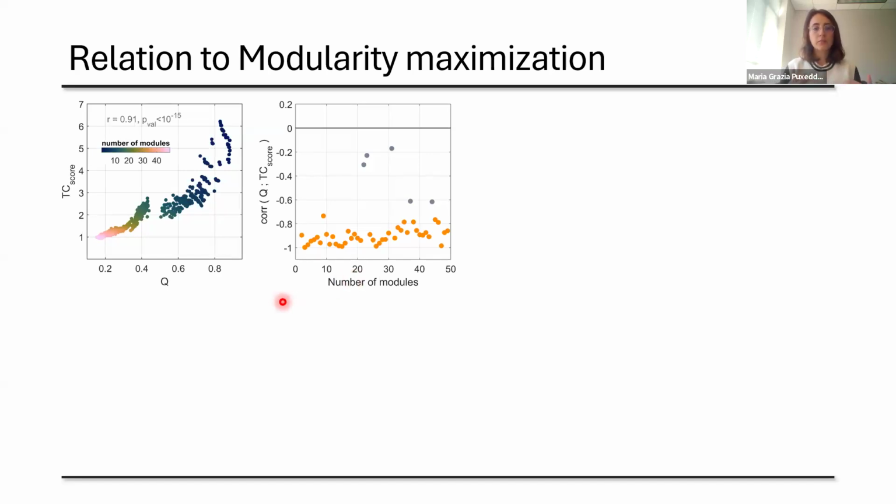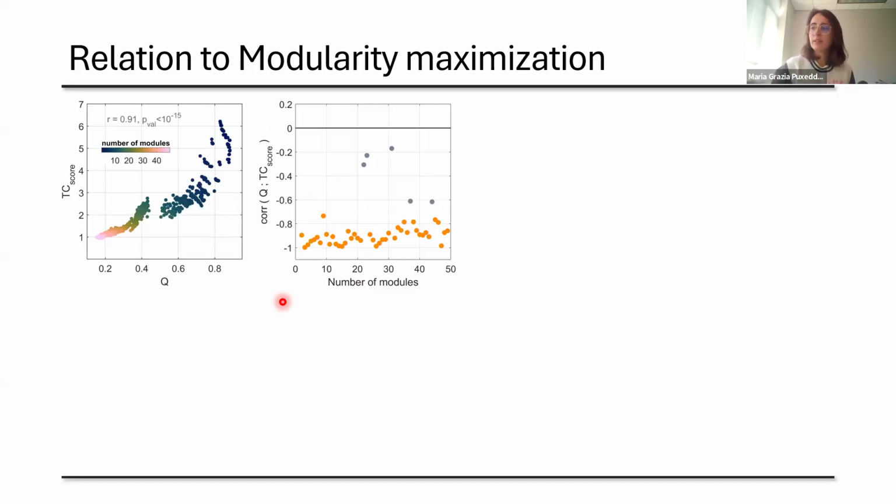So we have this sort of Simpson's paradox where overall, across all scales of resolution, t-score and Q are highly correlated, but if we focus on single scales, this correlation is inverted.